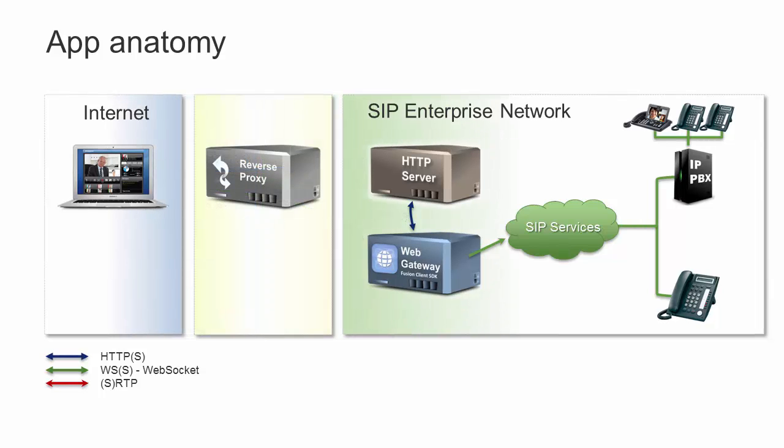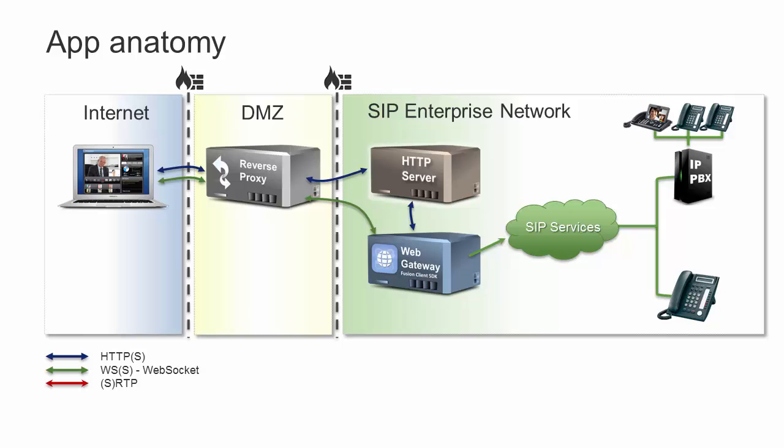Now, since we'll want to ensure that the enterprise network is properly protected from the external internet, that exchange between the client app and our web app, as well as the subsequent WebSocket communication between the client and the Fusion Web Gateway, will probably go through a reverse HTTP proxy sat in the enterprise DMZ, protected by firewalls on both the internal and external borders.